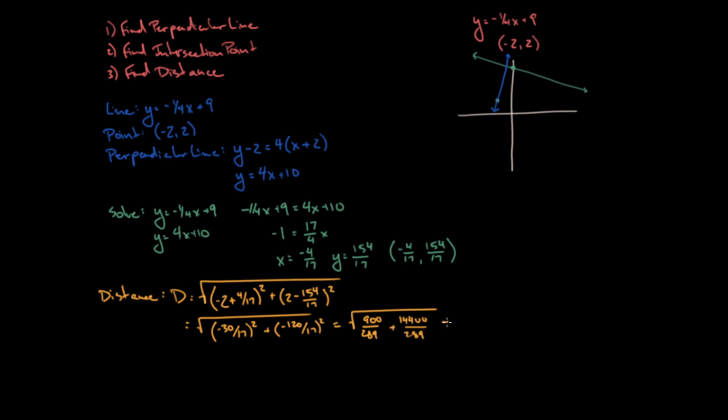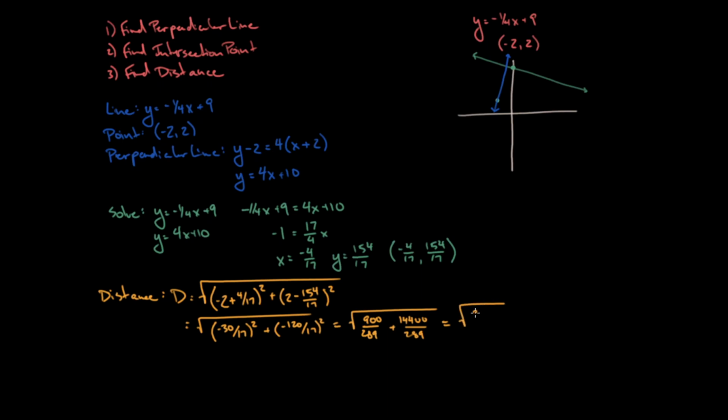If I add those together, this plus this is 900 over, oh interesting, 900 over 17. That doesn't seem right. That's okay, I'll take it.